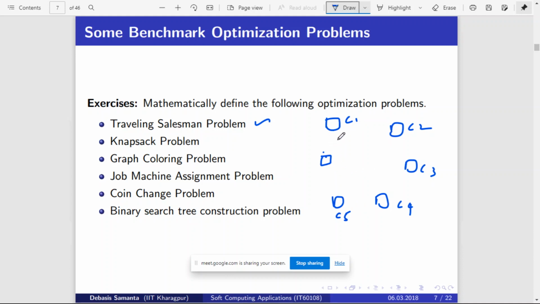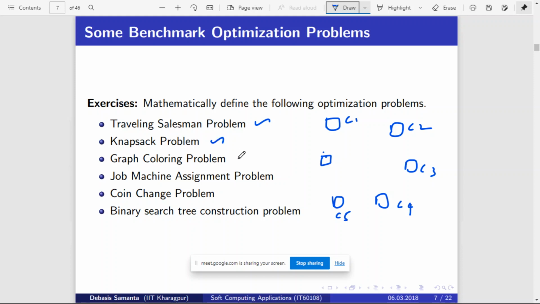So this is an optimization problem. And here what is our objective? Is it a minimization or maximization problem? Minimization problem. Distance should be as small as possible, right?